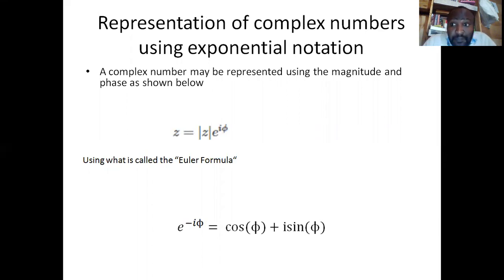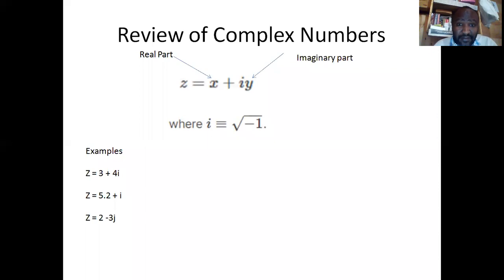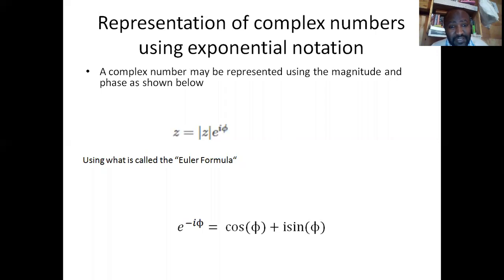Okay, remember that was one notation of denoting complex numbers. This way, where you put the real part plus the imaginary part. But there is also another way you can present complex numbers using the exponential notation. Here, you need to denote a complex number by its magnitude and phase.